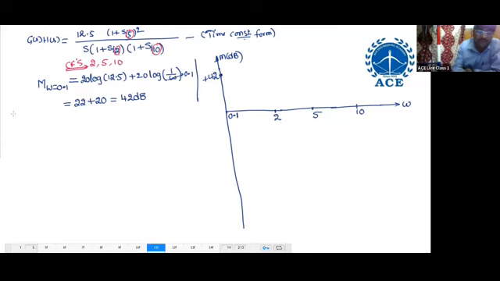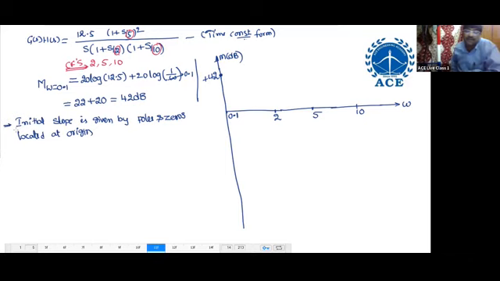The initial slope is given by the poles and zeros located at origin.